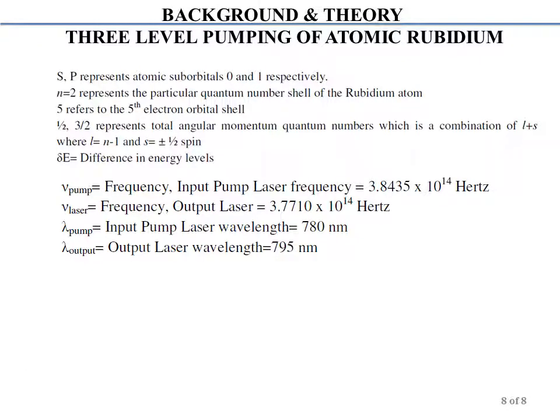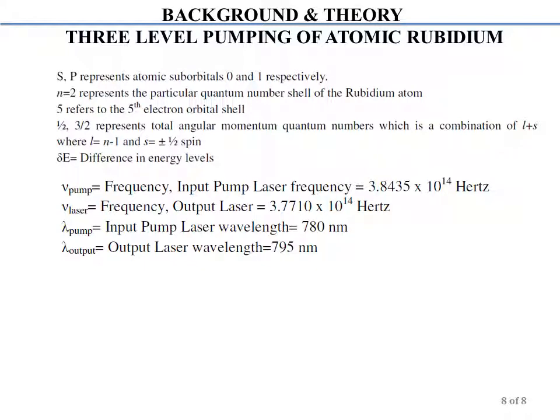The next slide gives an explanation of terms for 3-level pumping of the atomic rubidium. S and P represent atomic suborbitals 0 and 1 respectively. n equal 2 represents a particular quantum number shell of the rubidium atom. 5 refers to the fifth electron orbital shell. 1/2 and 3/2 represent total angular momentum quantum numbers, which is a combination of L plus S, where L equals n minus 1 and S equals plus or minus 1/2 spin.